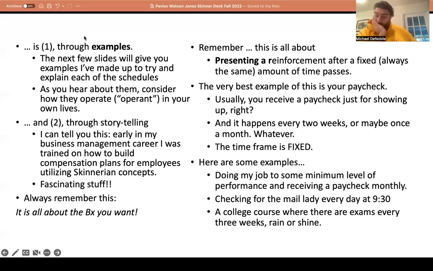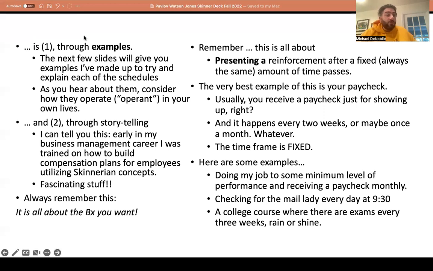Could you imagine if it was variable? If it just happened haphazardly. The issue with that from an economic point of view is that you would never know when you would get your paycheck. Maybe you get your paycheck every second Friday, then it would be 4 weeks from then.